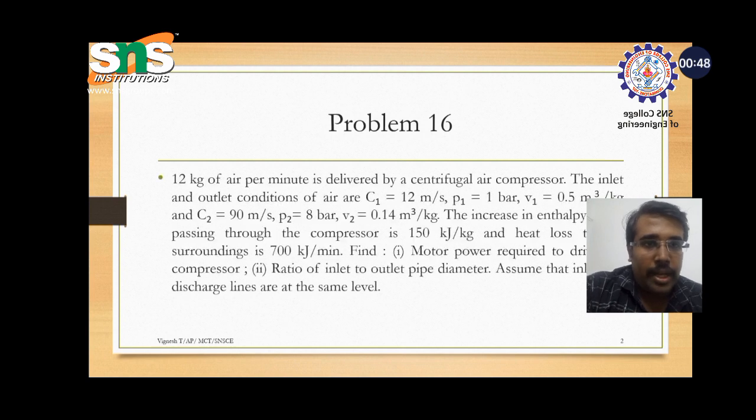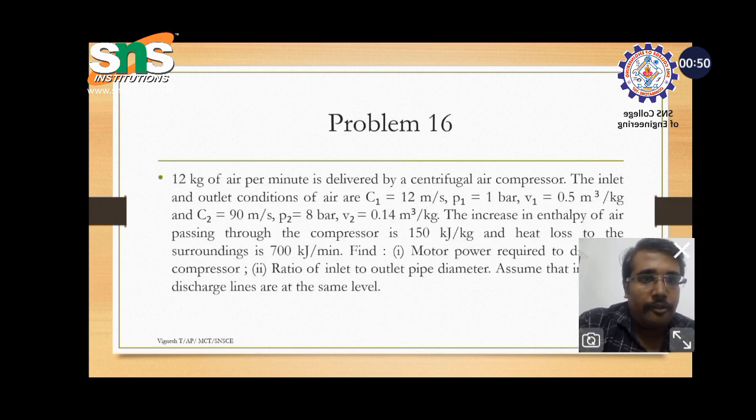Okay, so write it down. 12 kg of air per minute is delivered by a centrifugal air compressor. The inlet and outlet conditions of air are: the velocity is given as 12 meter per second, pressure as 1 bar, and specific volume 0.5 meter cube per kg, and the velocity at outlet.